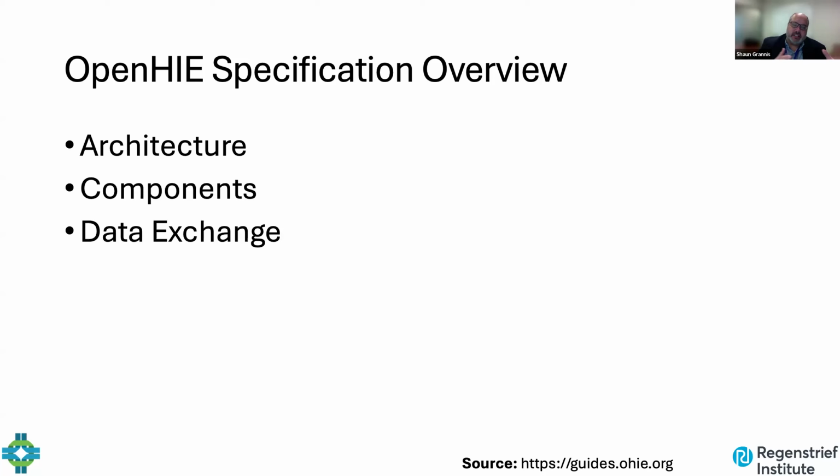And then we have a data exchange specification. How should data move, be transferred and shared? What are the technical approaches to that? So I'm going to walk you through those today, again, specifically highlighting the client registry's focus. And of course, I use the red arrow to indicate that we're going to be focusing primarily on the component specification for the client registry.